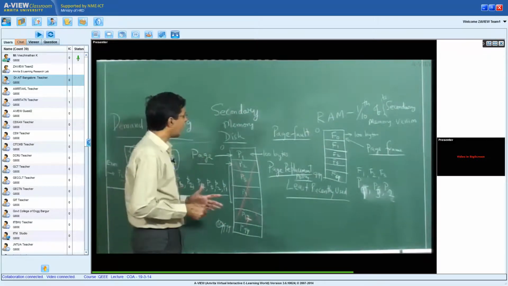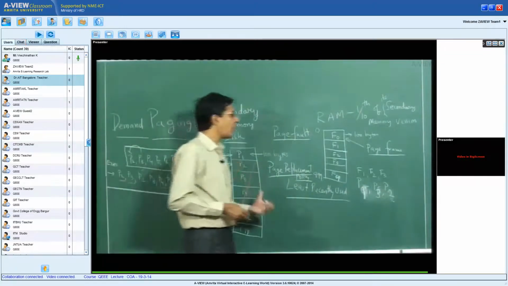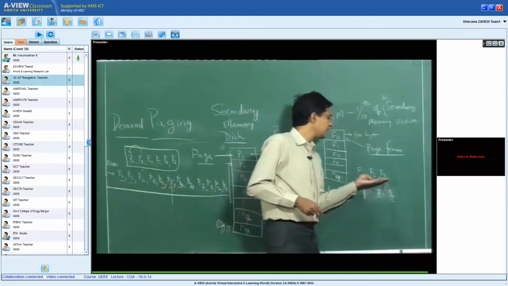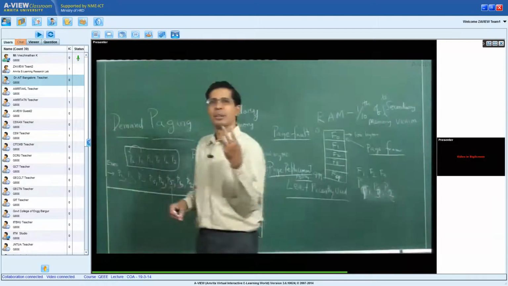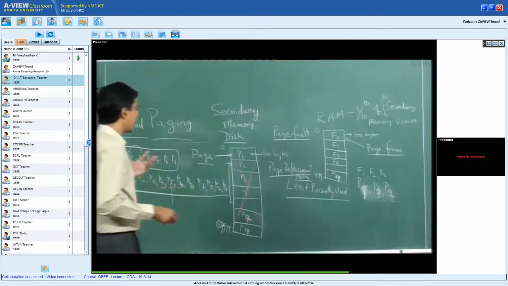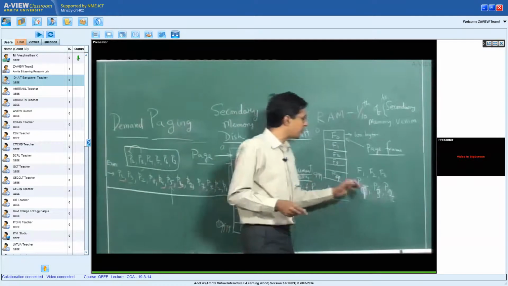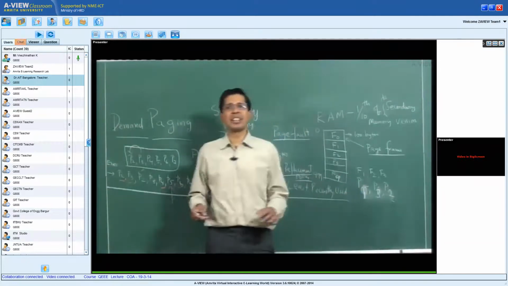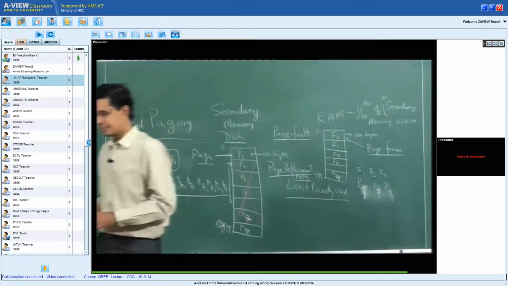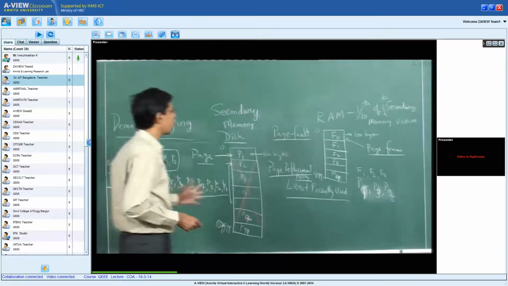So I have a program that is 6 pages in size and it got executed using 3 frames or 3 pages in the memory. So a program of size k got executed in a memory of size k by 2. So this is the basic concept of paging.